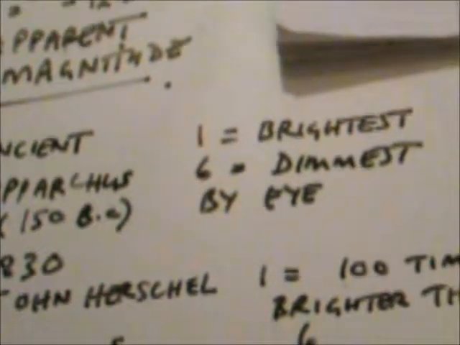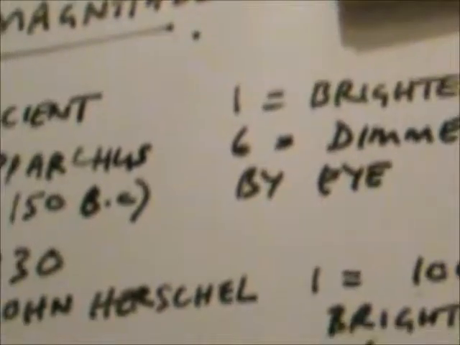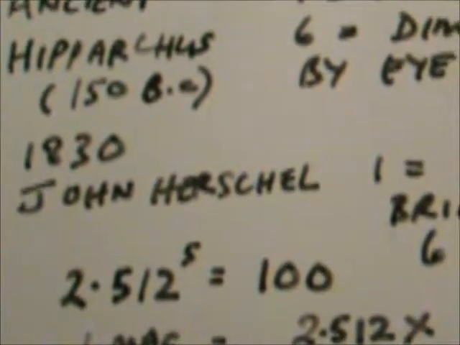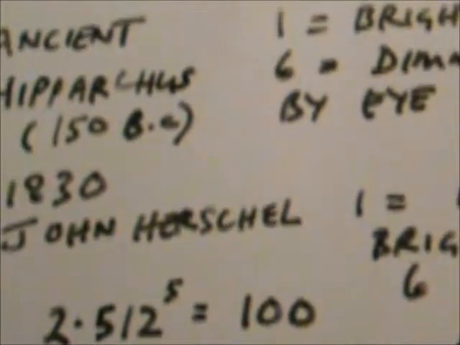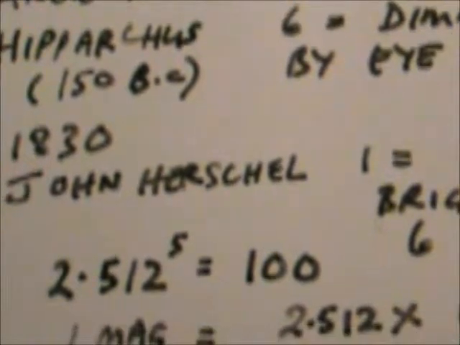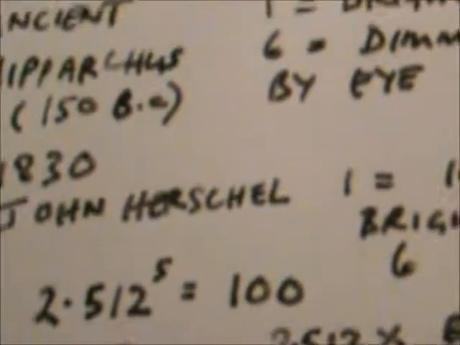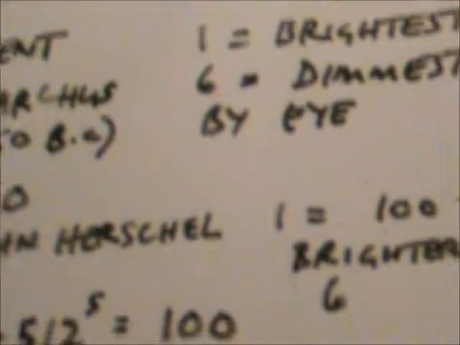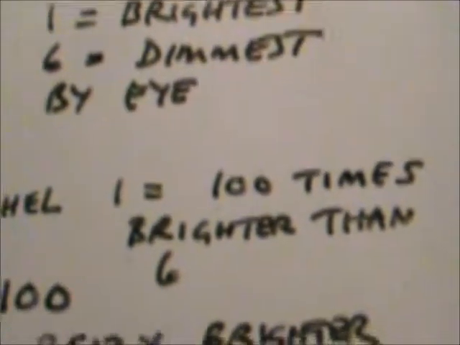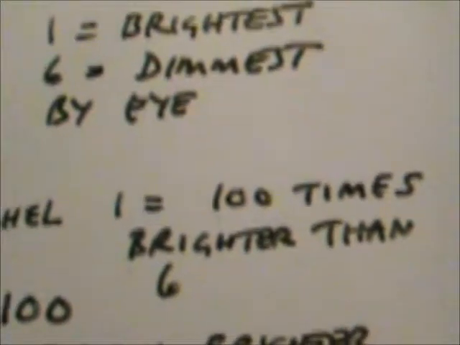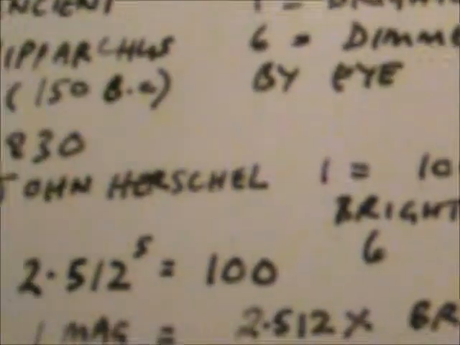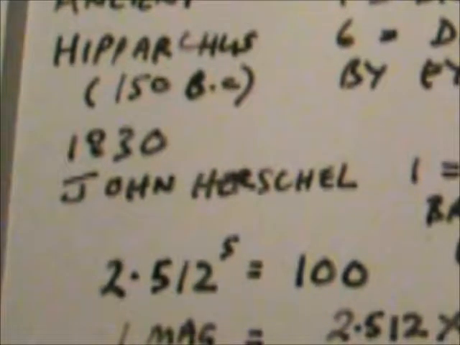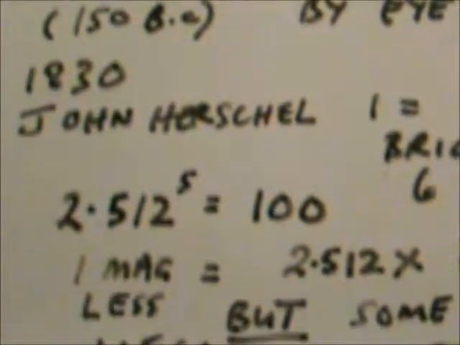In other words, a star of magnitude 2 was 2.512 times less bright than one of magnitude 1. And the convenience is that the difference in brightness across magnitude 1 and 6 is 100 times, and so a star with a magnitude of 1 is 100 times brighter than a star with a magnitude of 6 using Herschel's more exact mathematical, logarithmic scale.